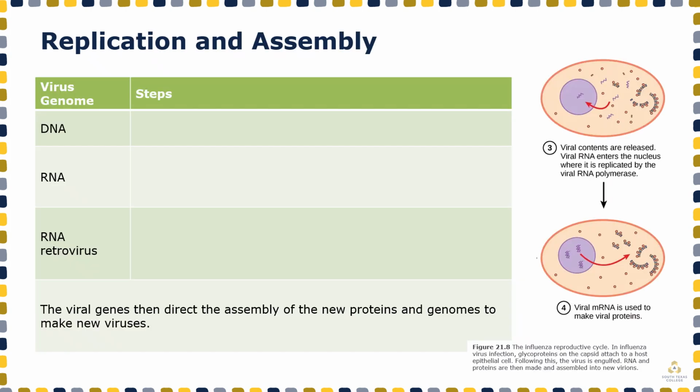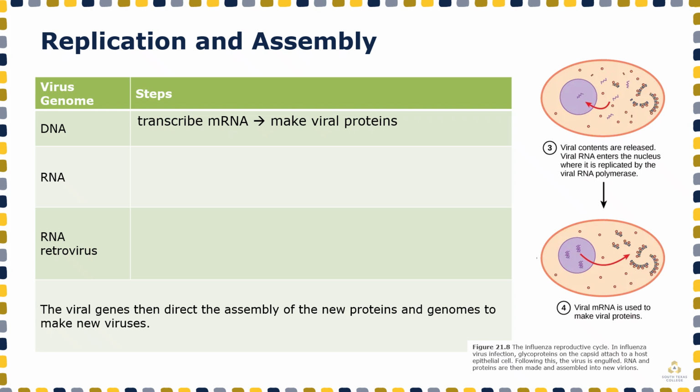After the viral DNA has entered the cell, the replication and assembly step begins. Depending on what kind of virus, there can be different strategies. For DNA viruses, the DNA is used to transcribe messenger RNA, which then goes on with the ribosomes to make viral proteins.